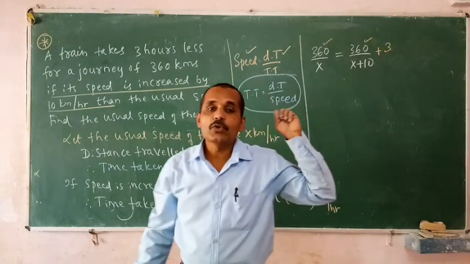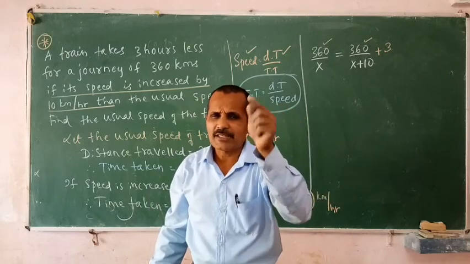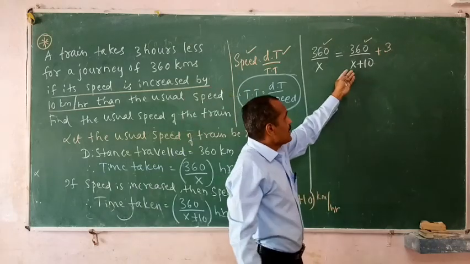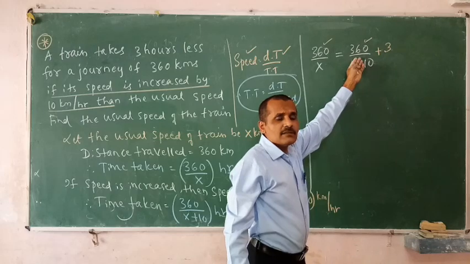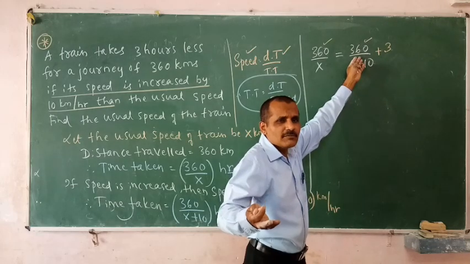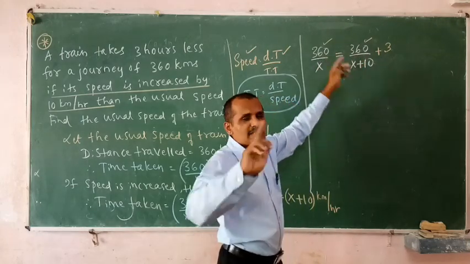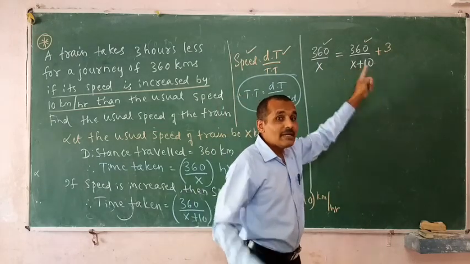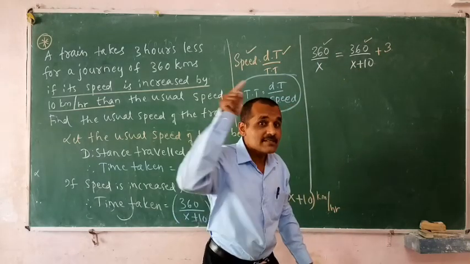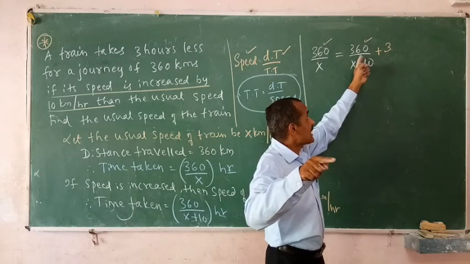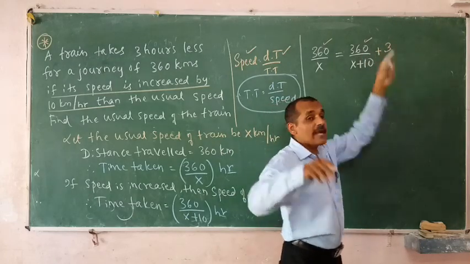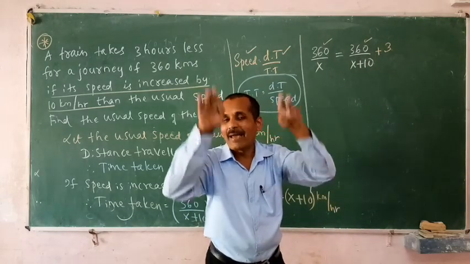This point has to be noticed. Many of the students are making a mistake. They will feel that here the speed is more, so let us add here. No, when the speed is more, time is less. Here time is less, so I have to add it so that both will be balanced.